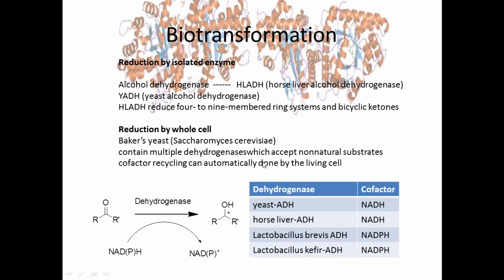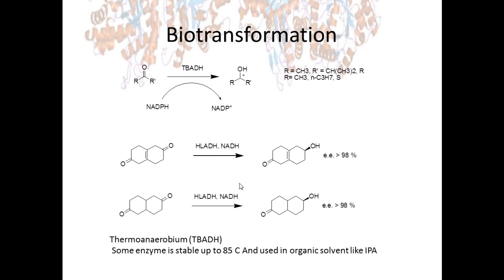With whole cells there is no need to add further enzymes. They automatically recycle this cofactor again and again and convert it back to reduced NADH, because the whole cell contains a number of cofactor recycling enzymes.